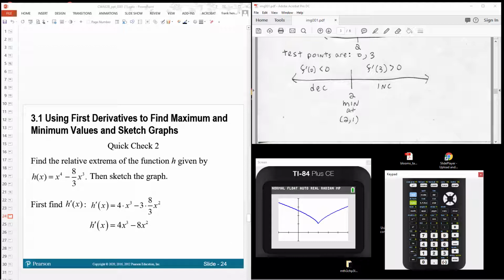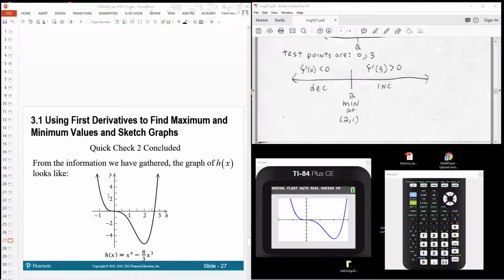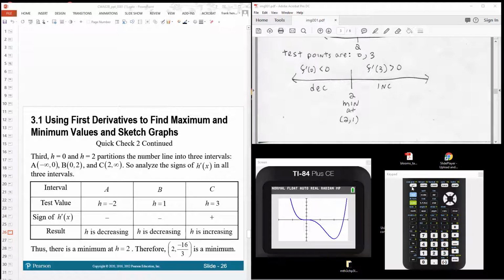Well, let's look at another one. There's this graph here.